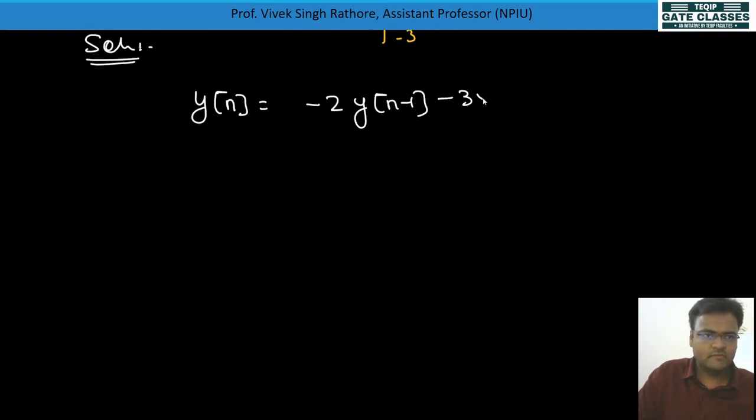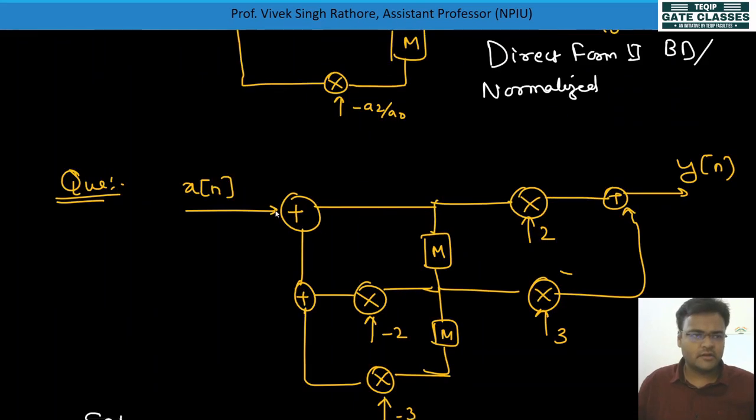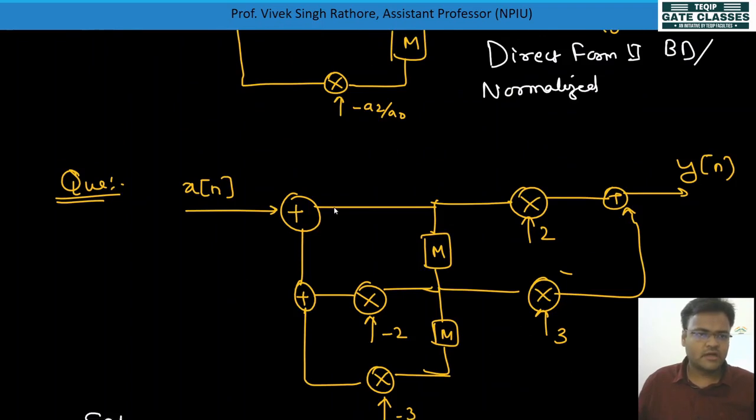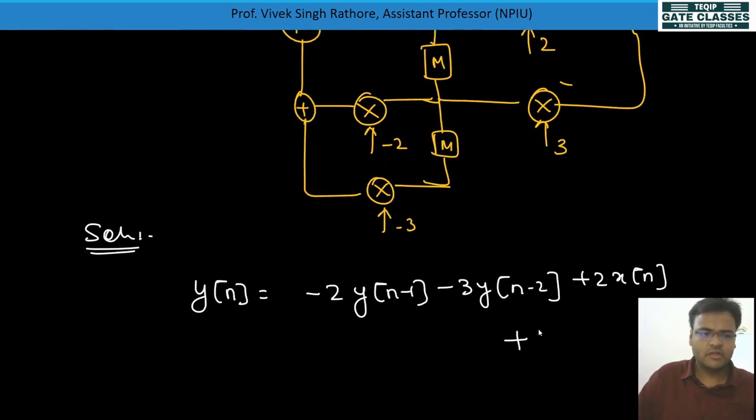Now 2 of x of n will come, so plus 2 x of n will be there, and plus x of n minus 1 with 3, so 3 x of n minus 1 will come here.